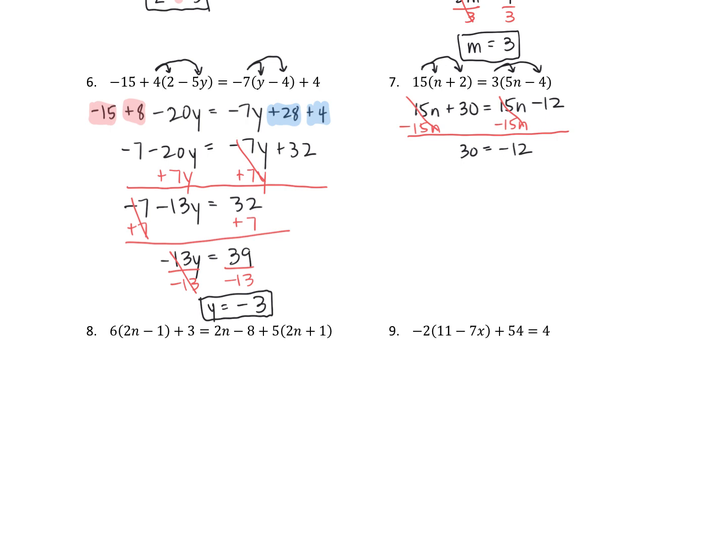If all of your variables cancel out and you're left with a false statement, which this is false, 30 is not the same as negative 12. So this is false. You have no solution. So this equation has no solution. There's nothing that you can plug in to n to get a true statement. So no solution.